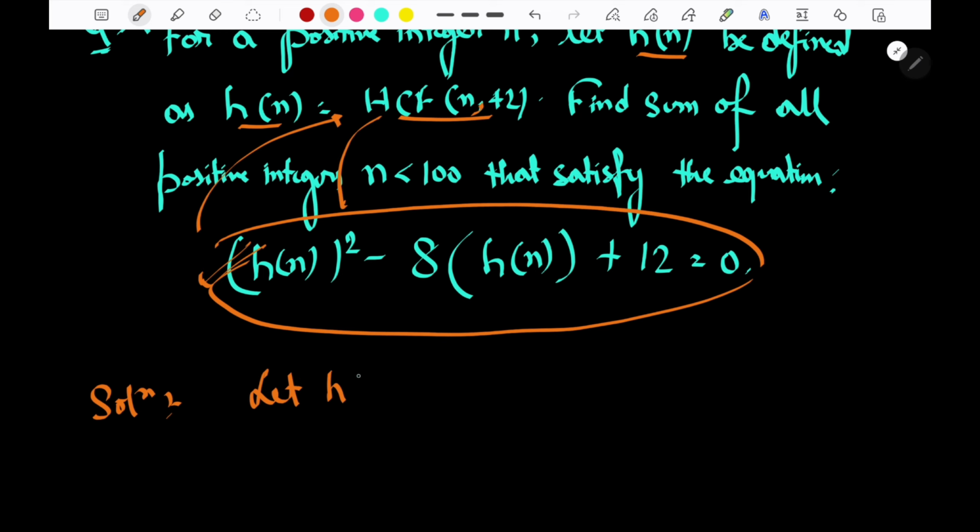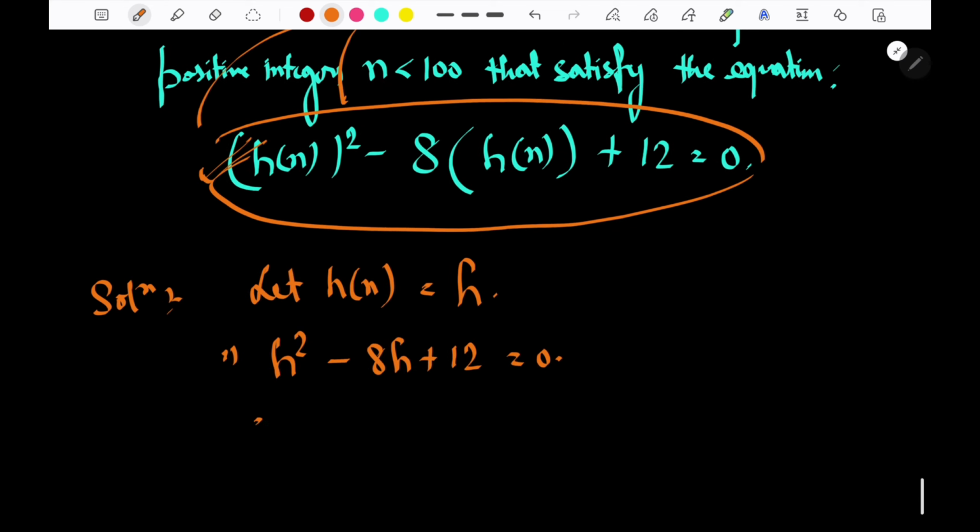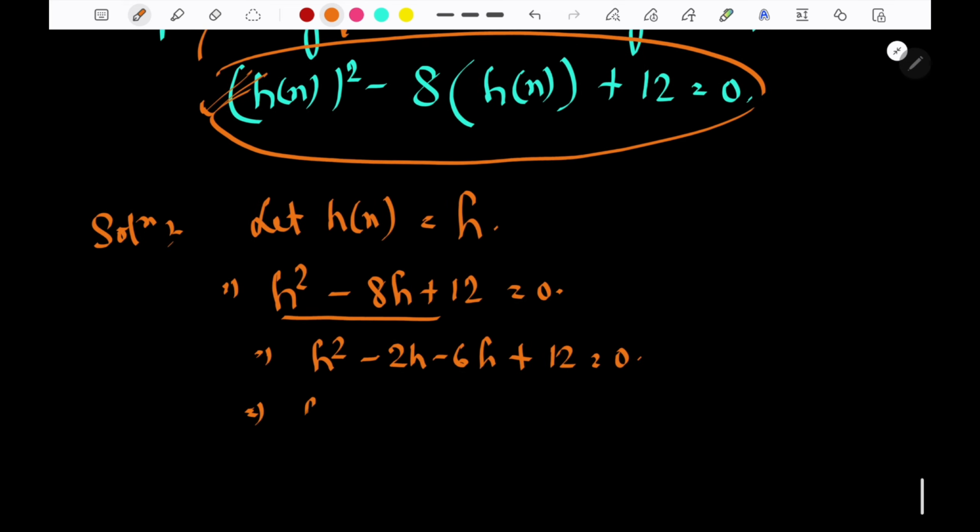Let h of n be considered as some h. Then this equation becomes h square minus 8h plus 12 is equal to 0. If you middle term factorize it, it will be h square minus 2h minus 6h plus 12 is equal to 0, which implies h minus 2 or h minus 6 is equal to 0, which implies h is equal to 2 comma 6.